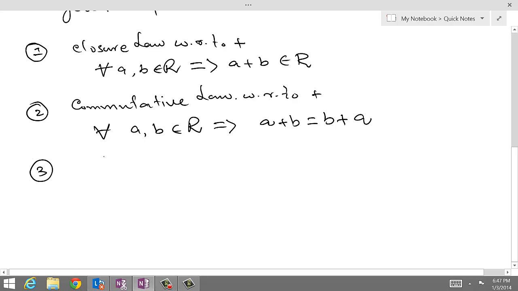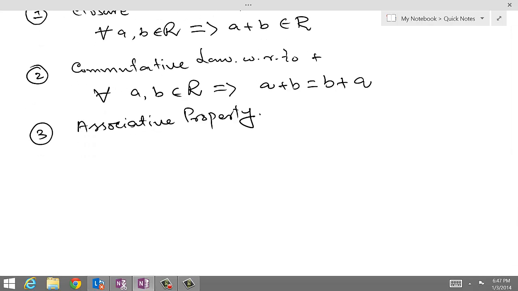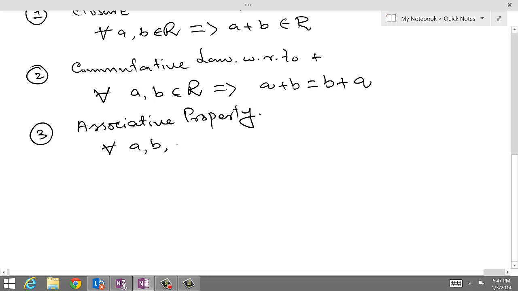And third, associative property. For the associative property we take three real numbers. That's why we say for all a, b, c belonging to R, (a plus b) plus c is equal to a plus (b plus c).